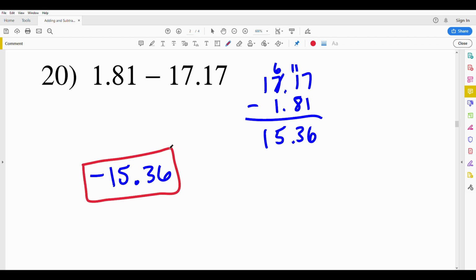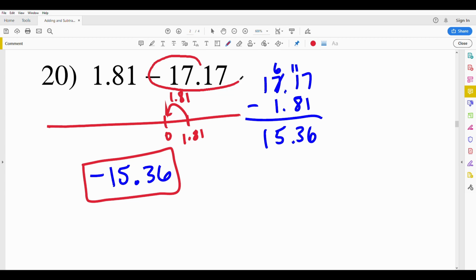And again, a real quick sketch on the number line. If we're starting at a positive 1.81, in order to get to 0, let me make this scale a little bit better. In order to get to 0, we had to move a negative 1.81, or a distance of 1.81 to the left.